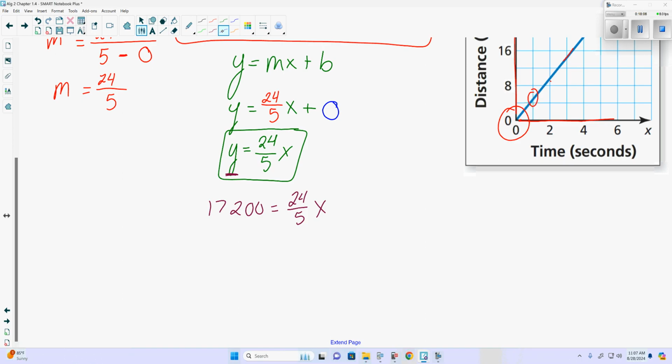How are 24 over 5 and X, what is the operation between those two? How do I undo it? We can divide both sides by 24 over 5, because we need to get X by itself.